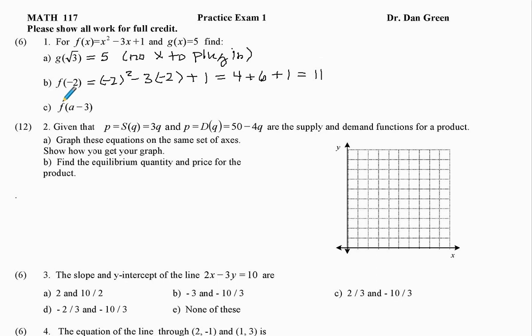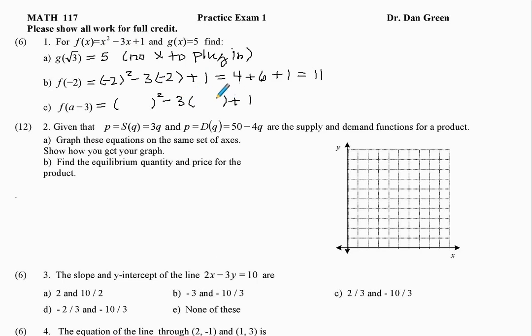And then in the last one, we've got f plug in a minus 3. So this is a composition. So again, rewrite your function with empty parentheses in place of the x. So this is going to be parentheses squared minus 3 times parentheses plus 1.